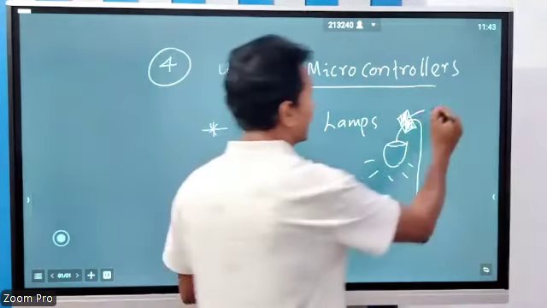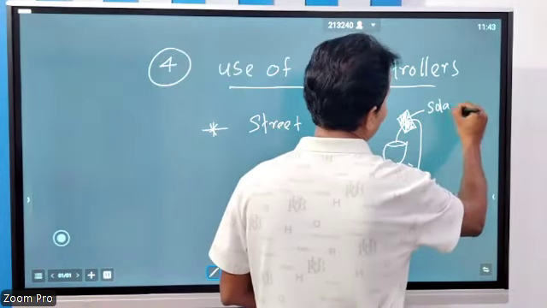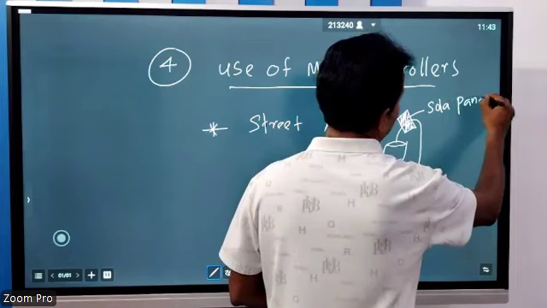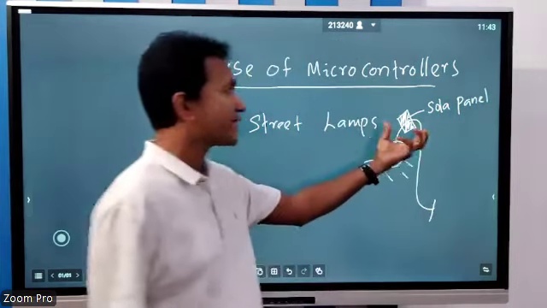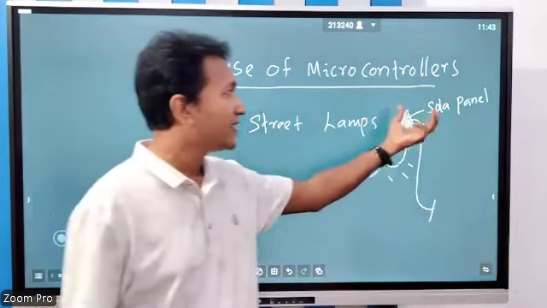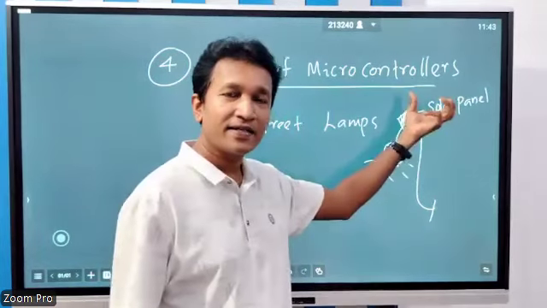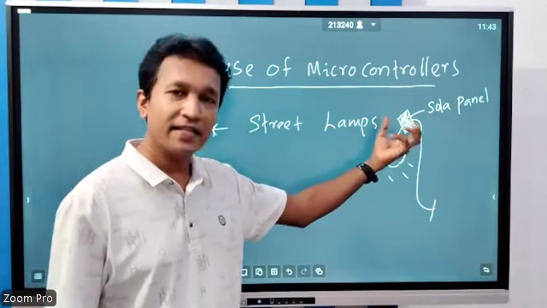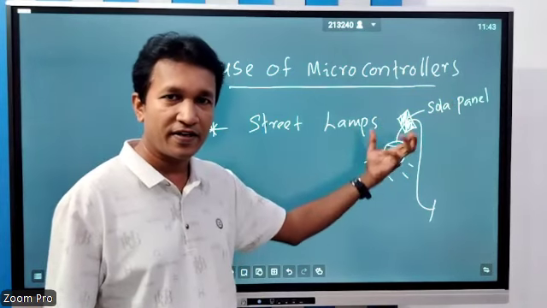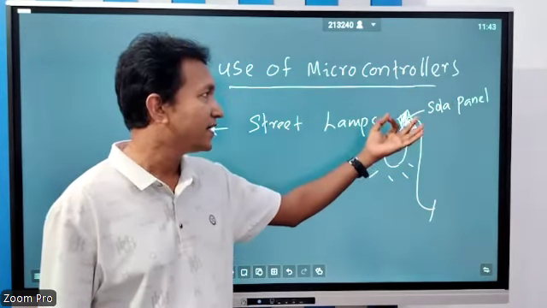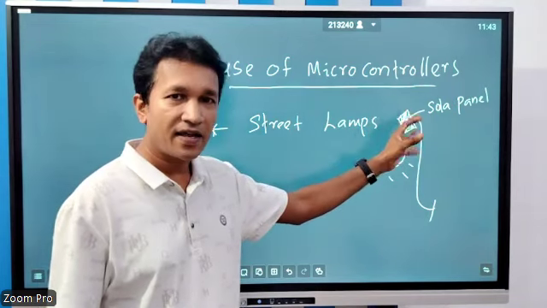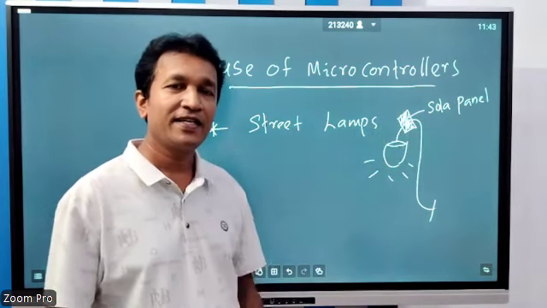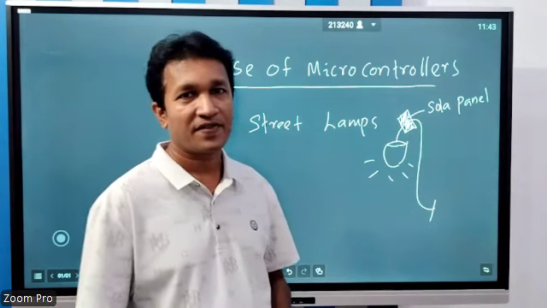So you have seen that there is something like a solar panel here. There is a solar panel in street lamps. What the solar panel does is give power, that is, give the current so it can automatically switch on and switch off, right? So when the dark comes, the light will automatically switch on, right?